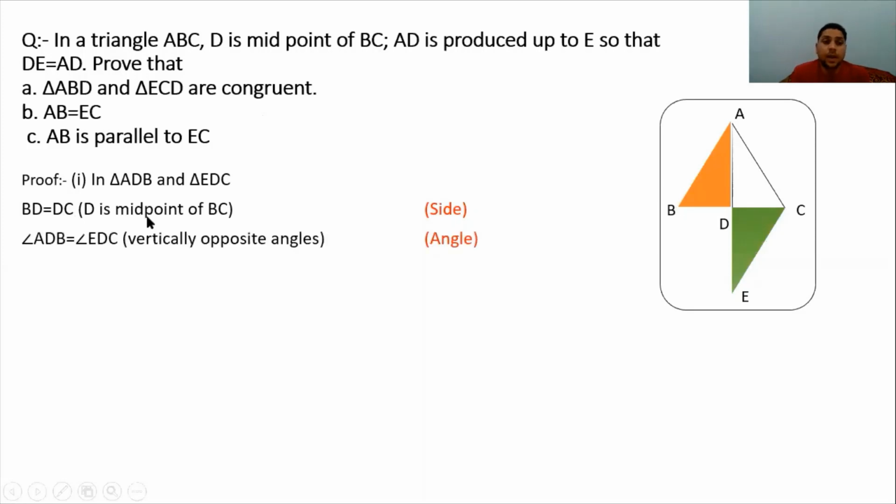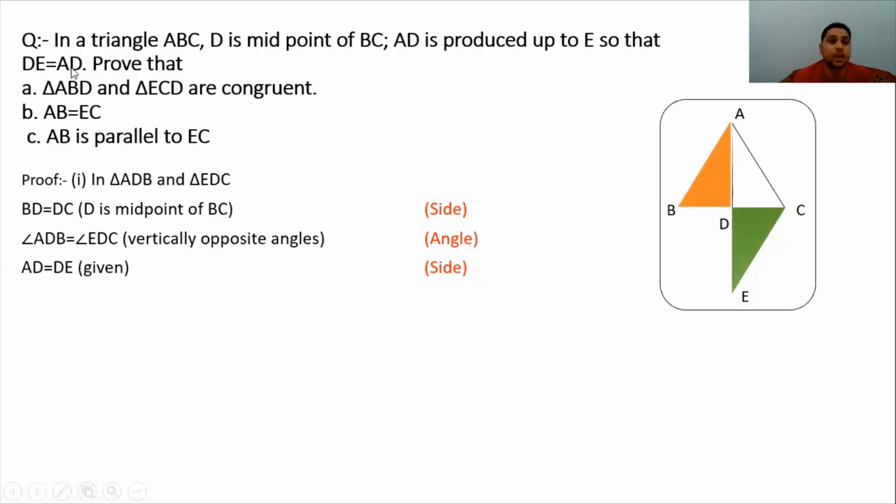Then next, we have the triangles meeting at a common point D. Now angle ADB and angle EDC are vertically opposite to each other, so vertically opposite angles are equal. Then we have AD equal to DE, which is given in the condition.